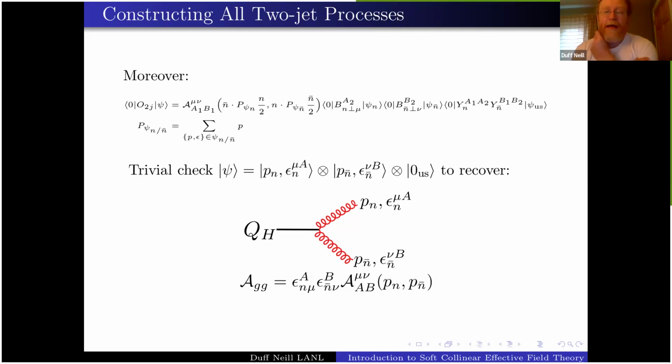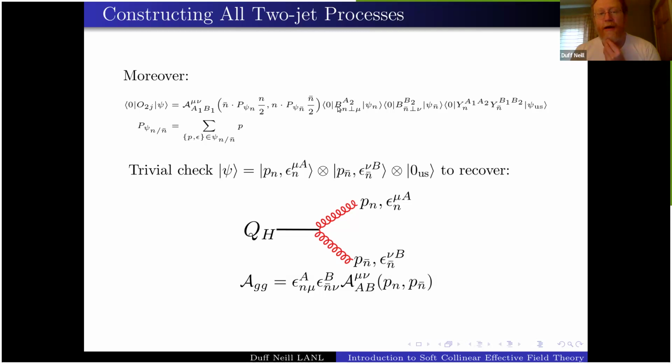And in particular, if I were to write down a very nice state that respects my collinear power counting, in other words, I take my soft radiation to be in the vacuum, and I just use my Born level states, and I calculate what's going to happen in these matrix elements up above, I will find that my two-jet operator is actually precisely constructing for me my Born configuration.